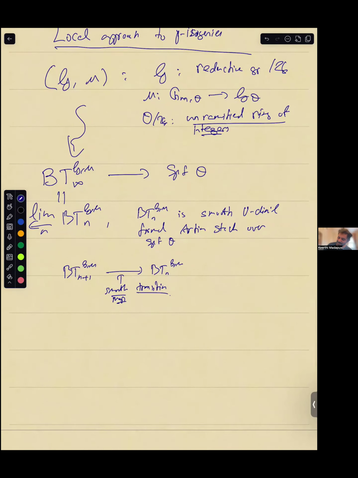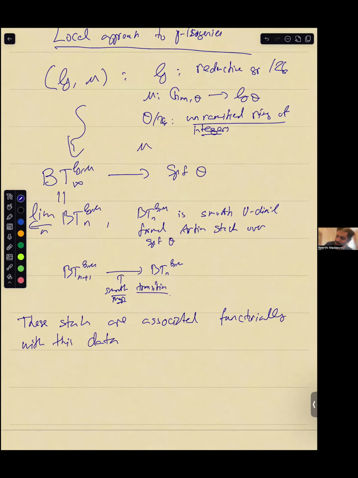So these stacks are associated functorially with this data. I forgot about an important condition.